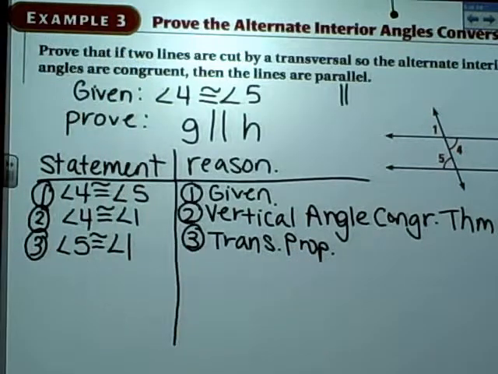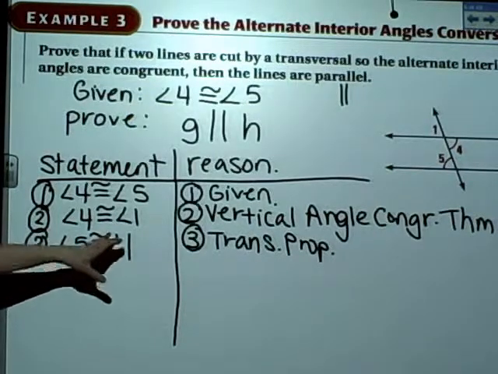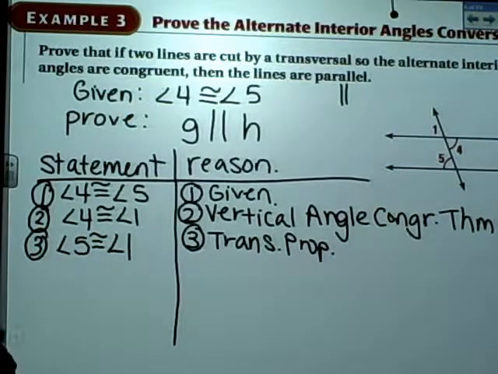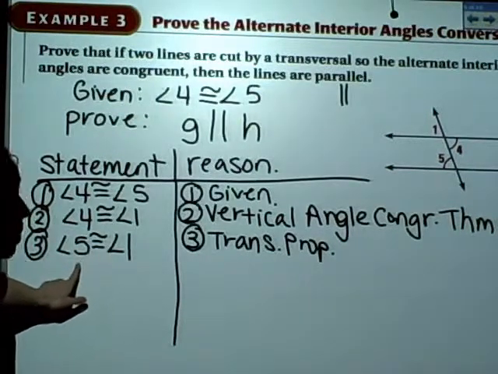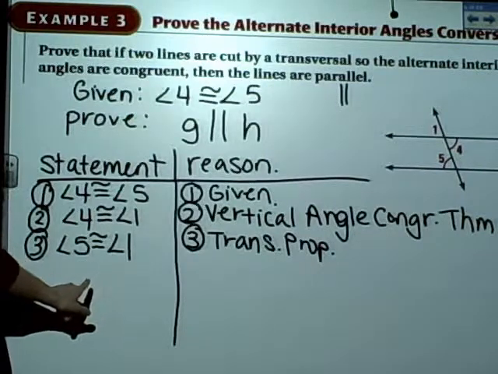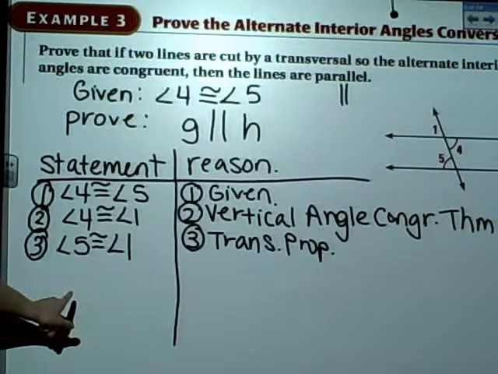I'm almost done. Right now, I'm at the point where I have angle 5 and angle 1. Let's think back a little bit. We just wrote a whole bunch of theorems and properties down, so you might want to take a second and look through those to see what we can say next. You do have a theorem that says when you have corresponding angles congruent to one another, that proves your lines are parallel.